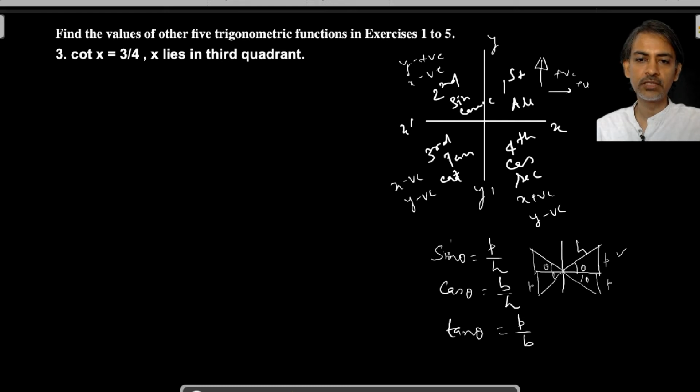Because of this reason, sin theta is positive here and here, while cos theta is positive here, while tan theta is positive here, because p and b both are negative.